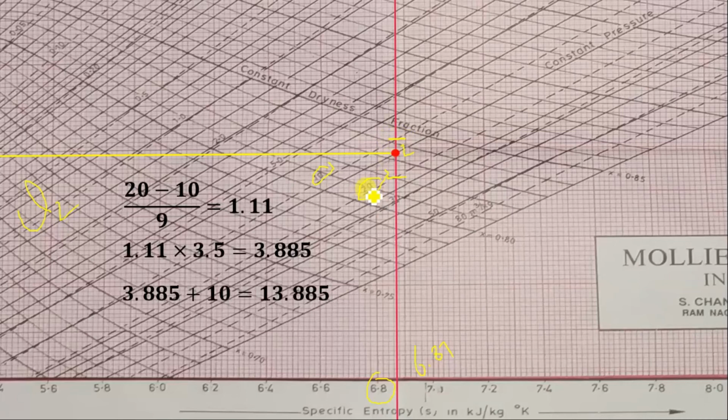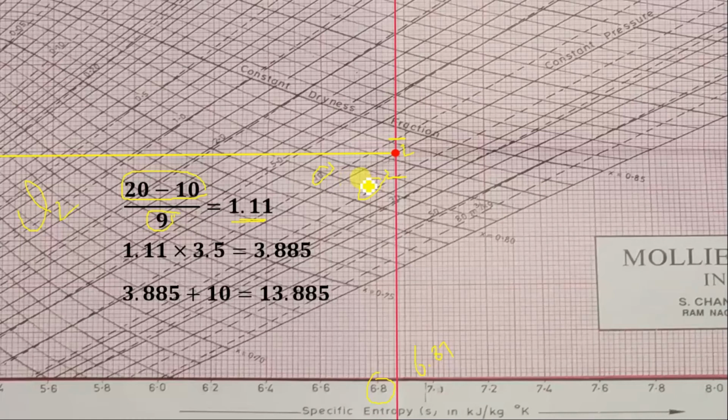Check the difference, 20 minus 10. How many boxes? 1, 2, 3, 4, 5, 6, 7, 8, 9 boxes. If you divide this difference by the 9 boxes, you will get 1.11 meter cube per kg of specific volume that each box carries.